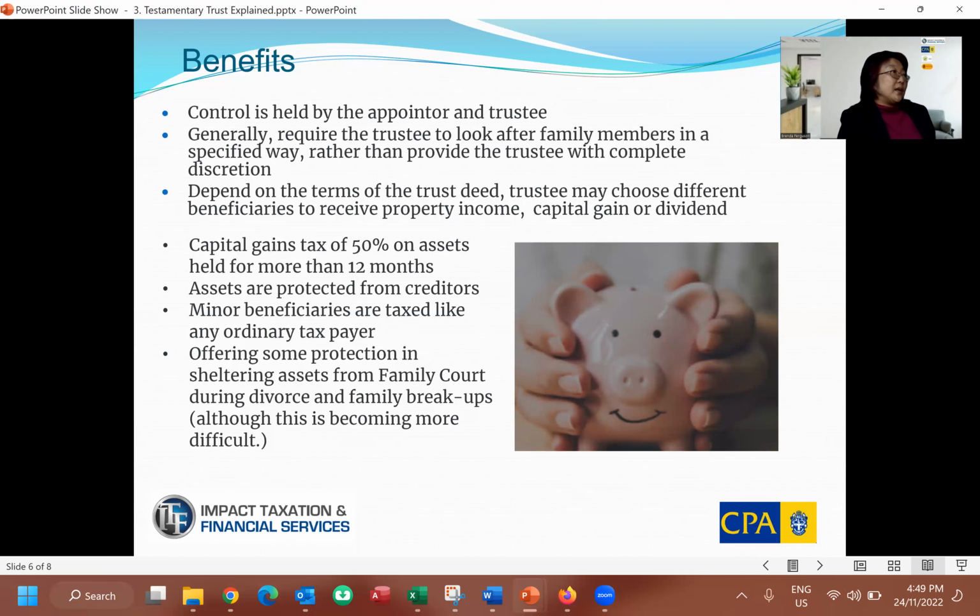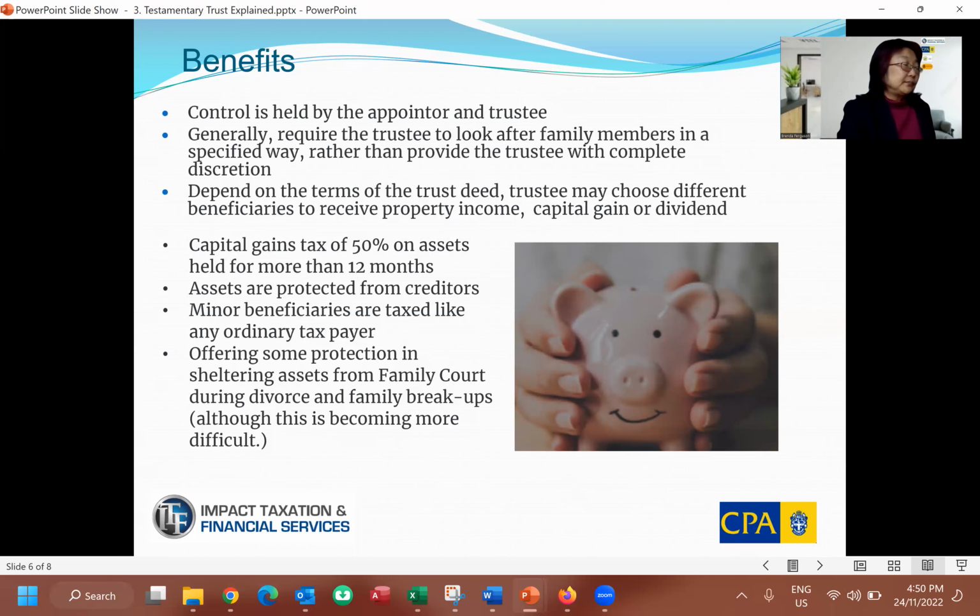Then the parents, when they prepare the documents, can specify that this particular child can only receive a fixed amount of income every week or every month, say $500 per week, so that the person can't receive a lump sum payment. It could go into quite a lot of detail on how the income can be distributed to each individual beneficiary.